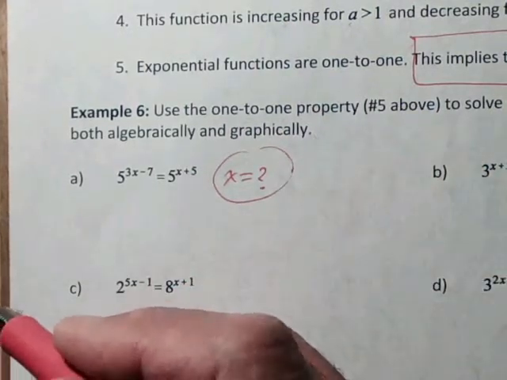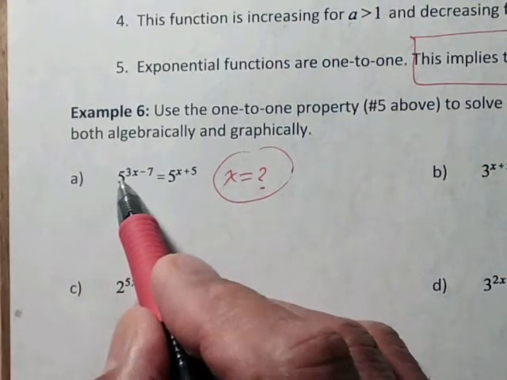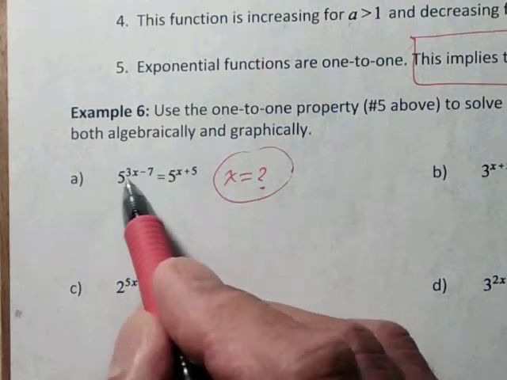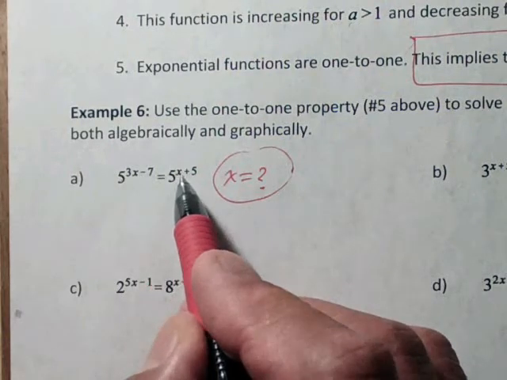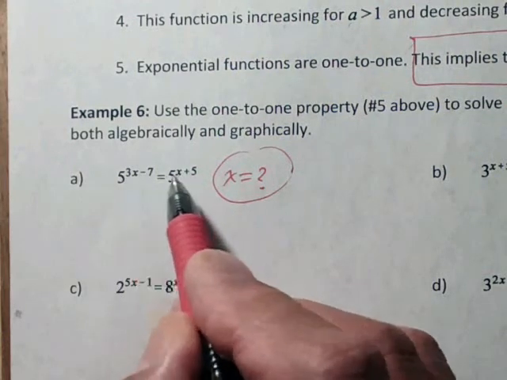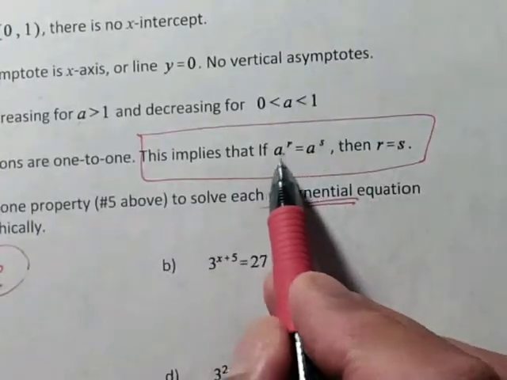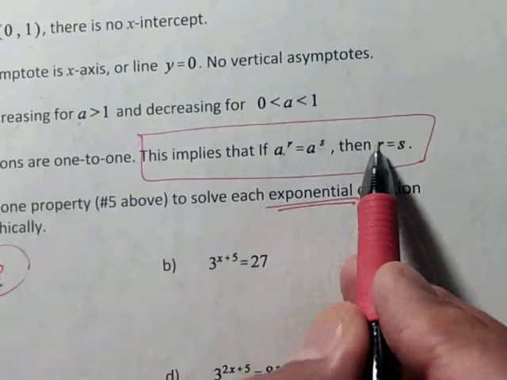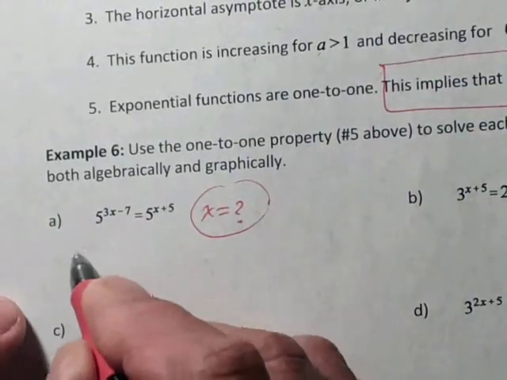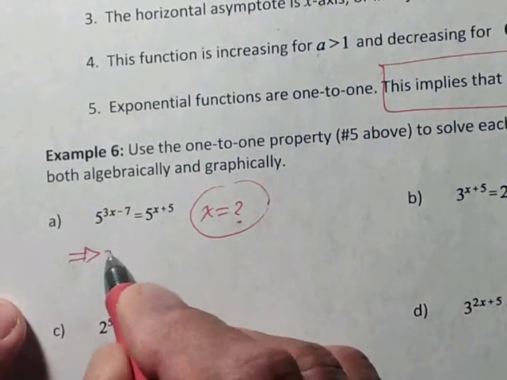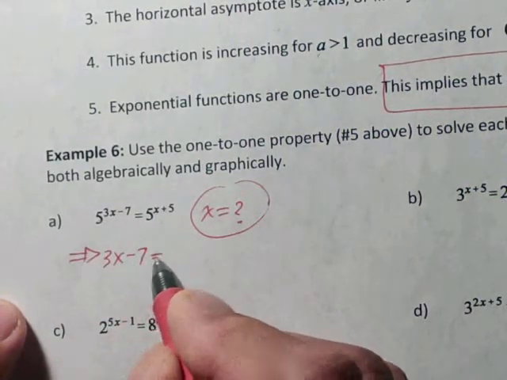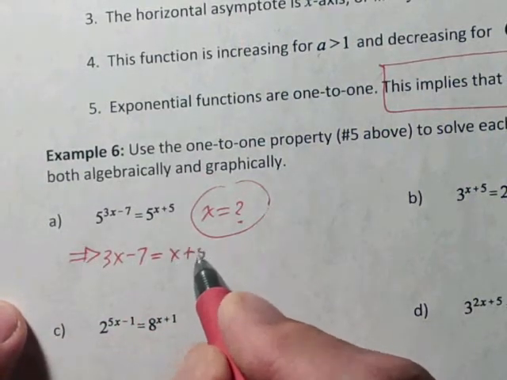Well, I have 5 as a base here, 5 as a base there, so the exponential on the left and the exponential on the right have the same bases. So I can use this property. Since the bases are equal, I can put exponents equal. This implies that 3x minus 7 equals x plus 5.